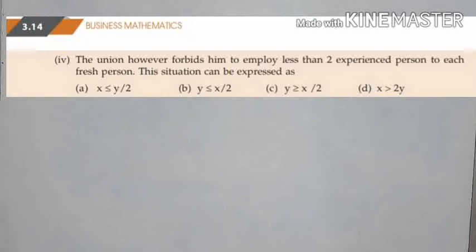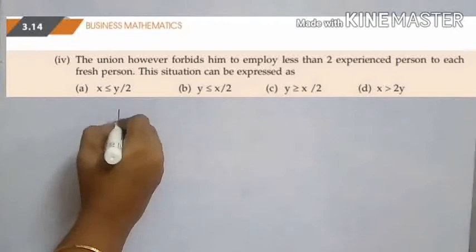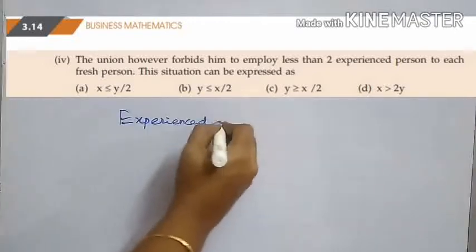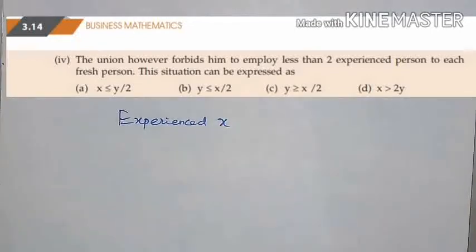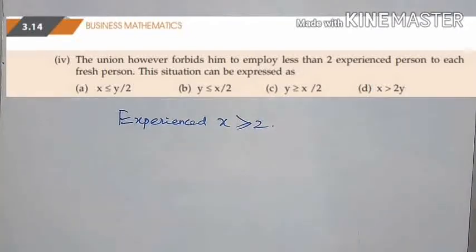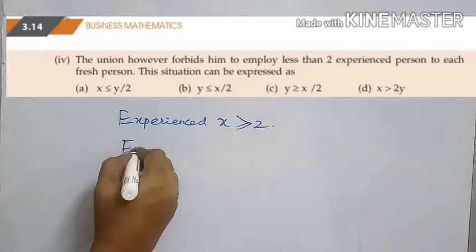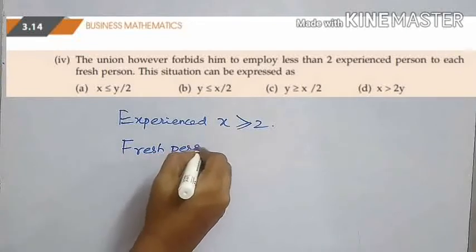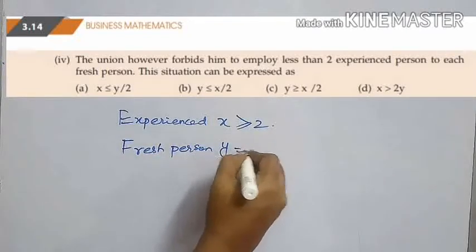The next question is, the union, however, forbids him to employ less than 2 experienced persons to each fresh person. This situation can be expressed as. So here the experienced is X, and it's given that forbids him to employ less than 2. That means X should be greater than or equal to 2. And Y is equal to 1, the fresh person.